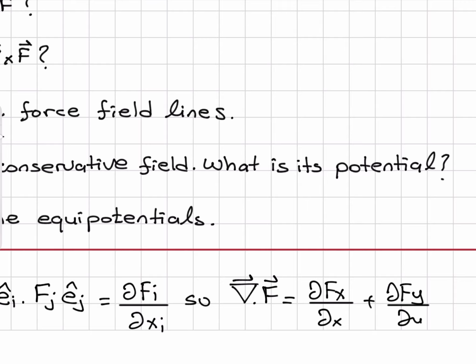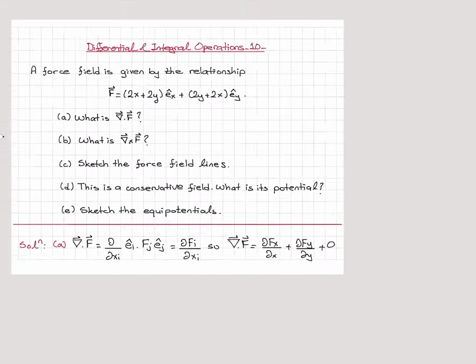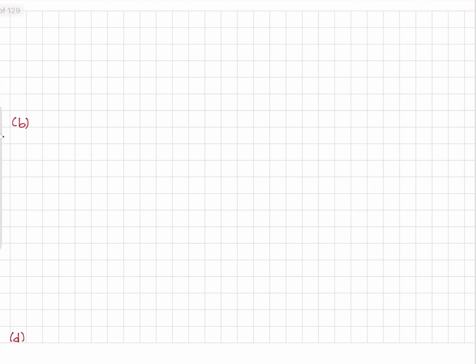The last term is 0 because there is no z component. Okay, so we can calculate divergence of F.